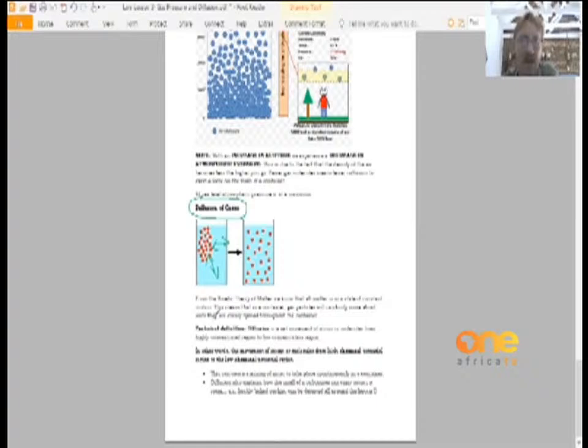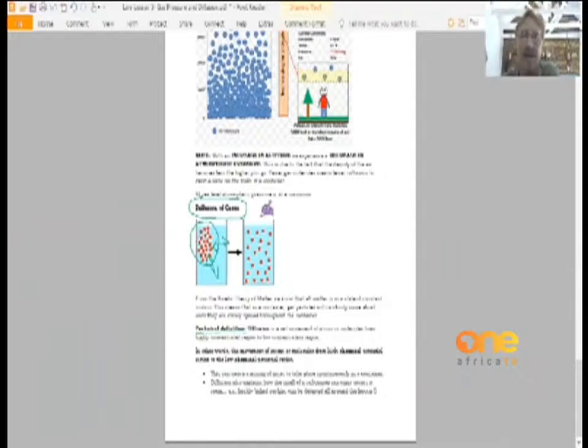We give a technical definition of diffusion. We would say that diffusion is a net movement of atoms or molecules from a high concentrated region to a low concentrated region. And that's what we're seeing here. Where the gas molecules are all close together, we have a high concentration.